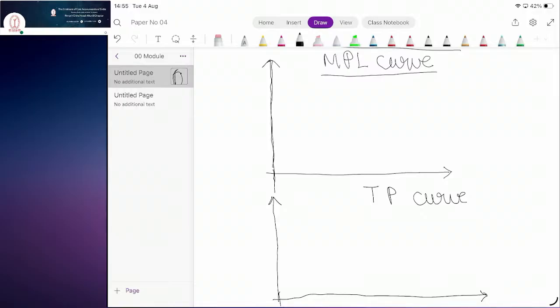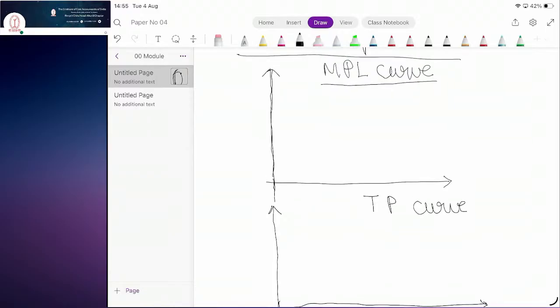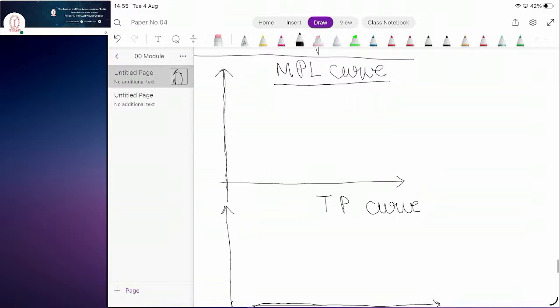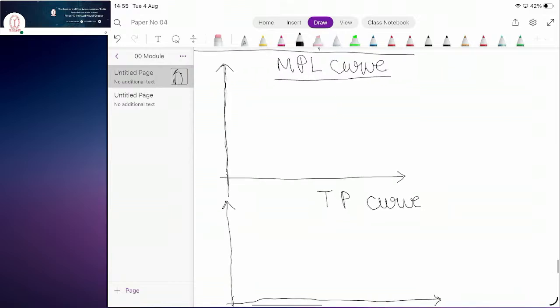MPL curve and the TP curve. Keep a little bit of space. I want you to draw a nice diagram. I'm constrained by this space, so my diagram may not look perfect.